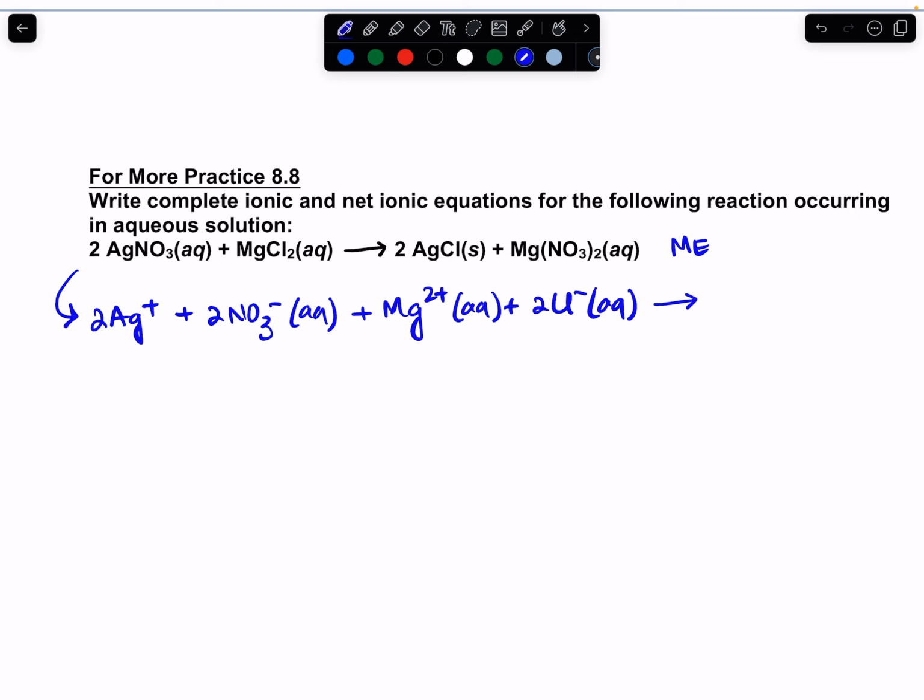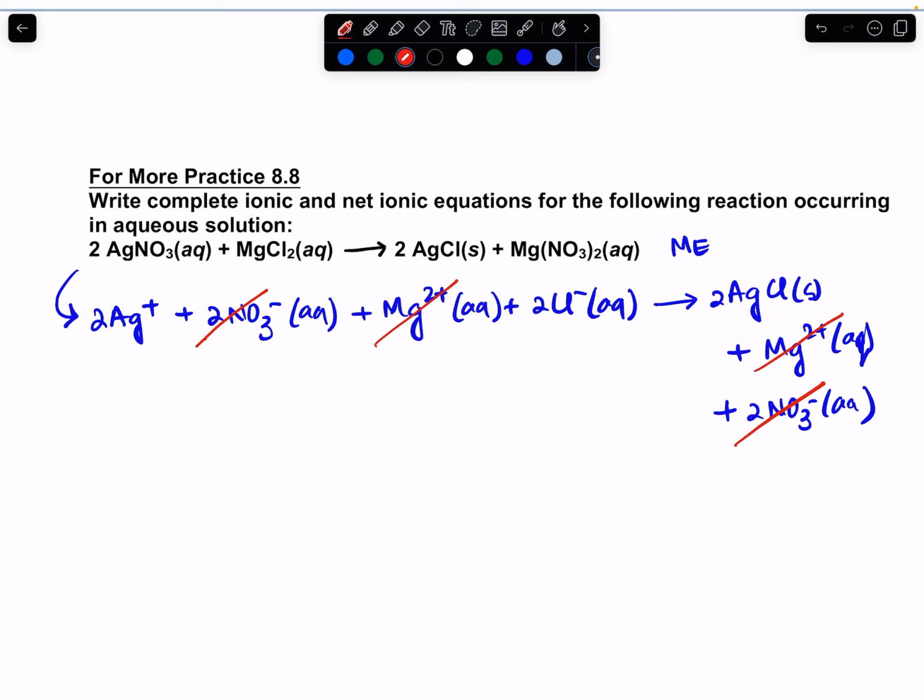That gives us, we're not going to break down the 2AgCl because it's a solid, so we write it as is, 2AgCl plus Mg2 plus (aq) plus 2NO3 minus (aq). Next step is to cancel out the spectator ions. The NO3 minuses go away, the Mg2 pluses go away. And that was our complete ionic equation.